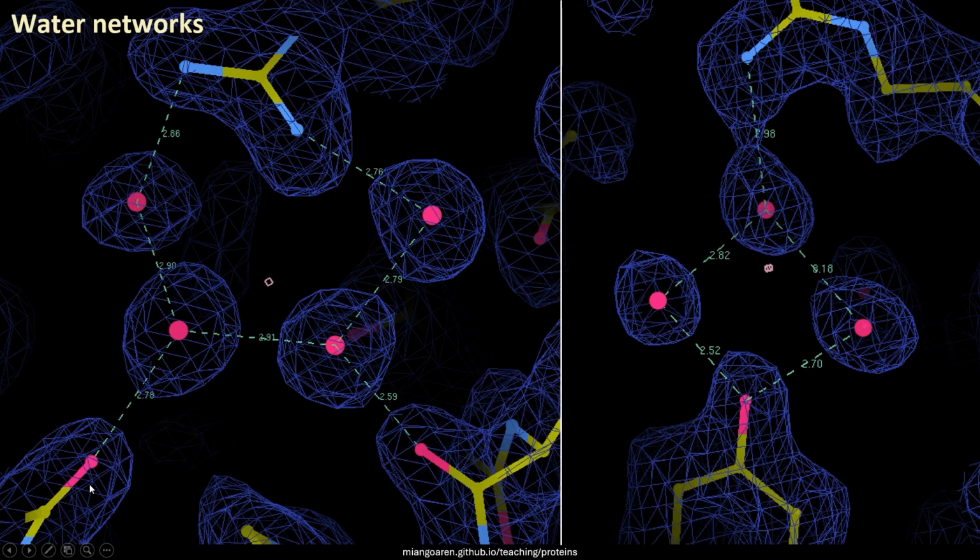And what we observe is that this particular configuration of four water molecules together with these side chains establishes a network of interactions based on hydrogen bonds. What they really do is provide a geometric contribution to the protein, so that it is stabilized in a particular way.